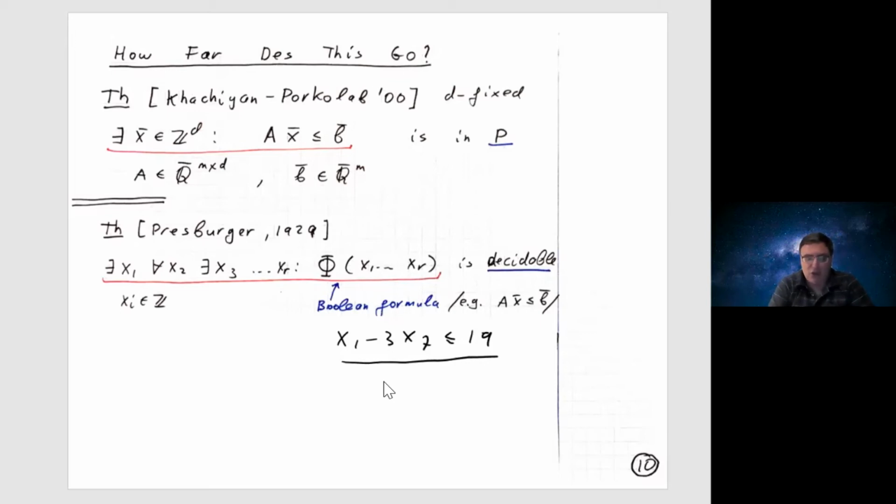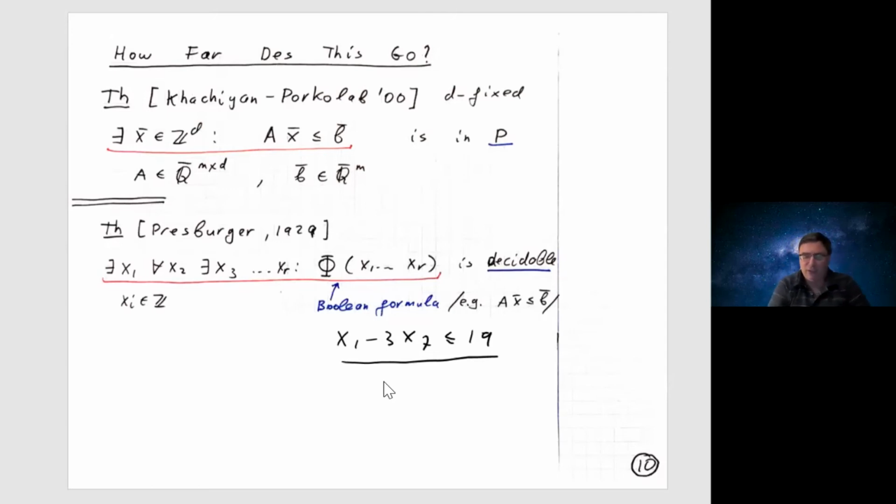So for any finitely many quantifiers, and it doesn't matter what it is, for any Boolean formula, you can decide whether there exists a solution or not. It sort of gives a terrible bound on complexity. Decidable.